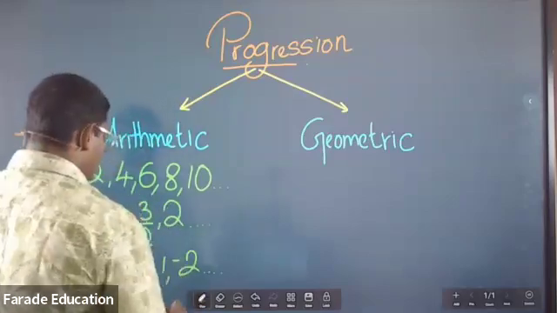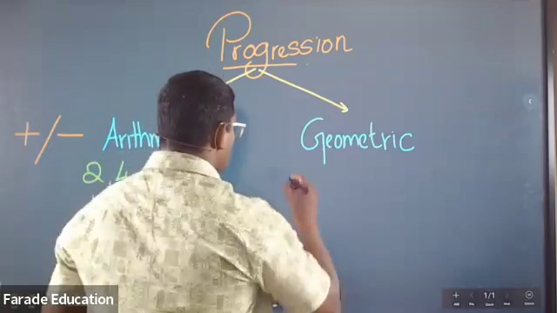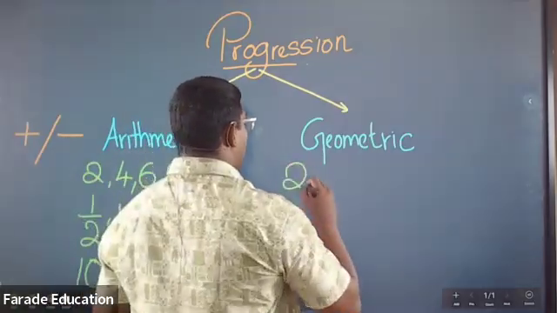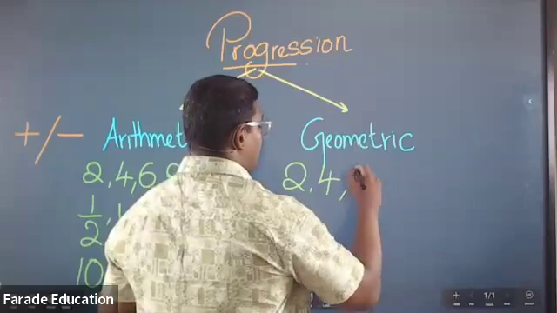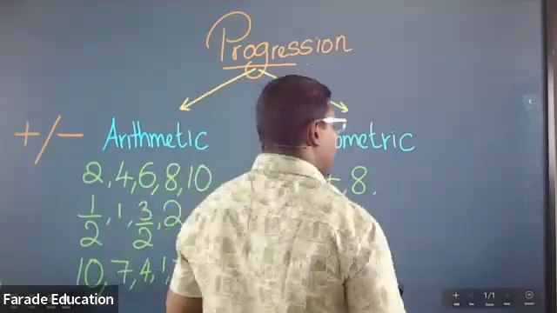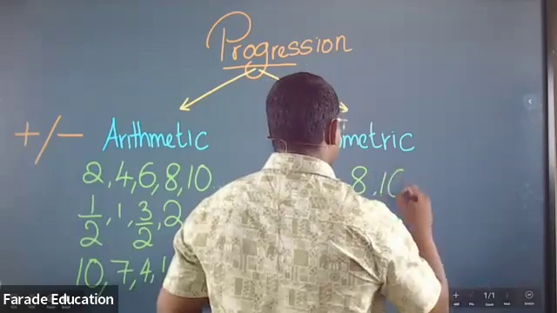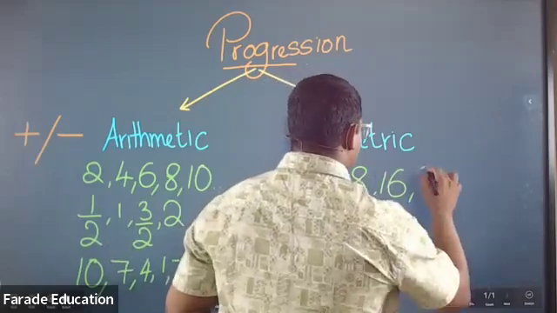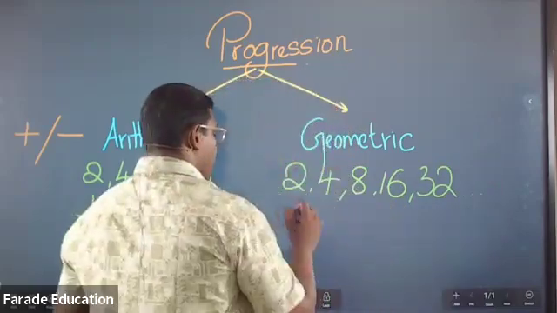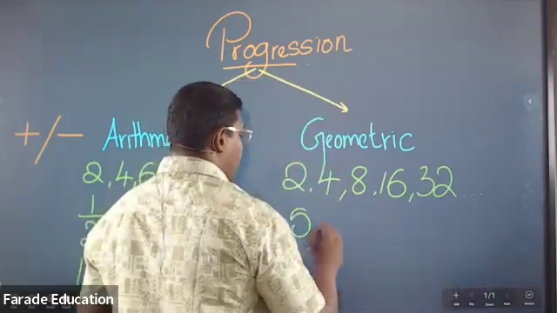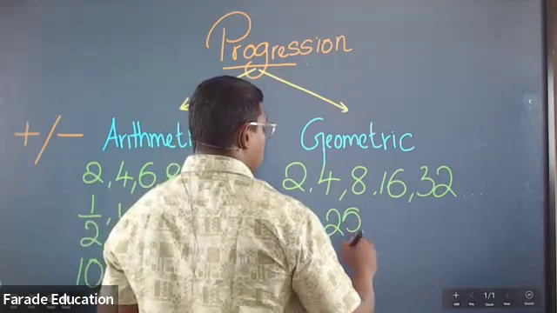The next one. 2 multiplied by 2, 4. 4 multiplied by 2, 8. 8 multiplied by 2, 16. Multiplied by 2, 32. 5 multiplied by 5, 25.